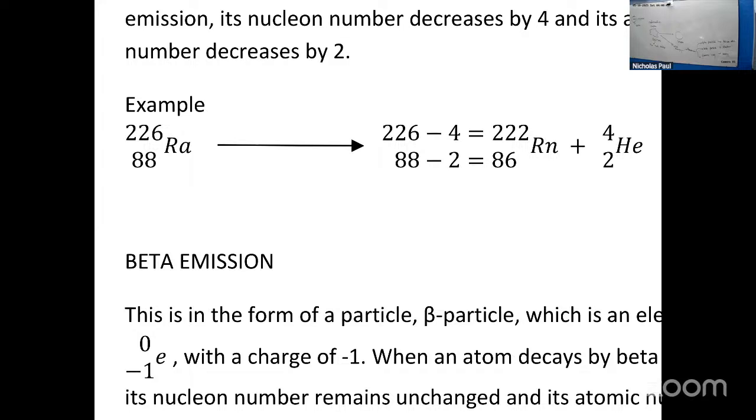When something undergoes alpha decay, it loses a mass number of 4 and an atomic number of 2.